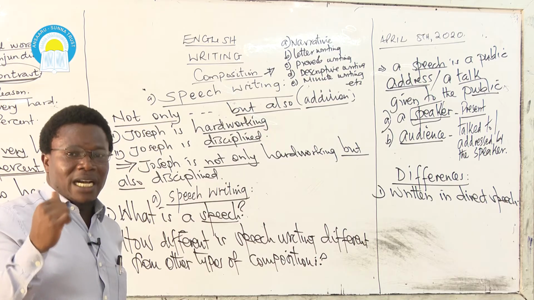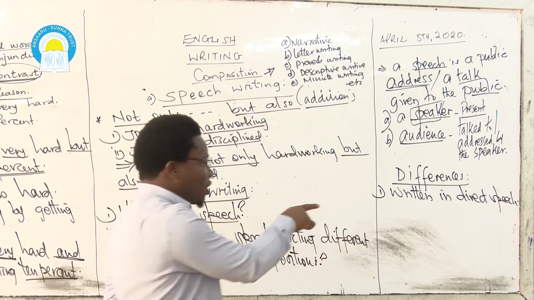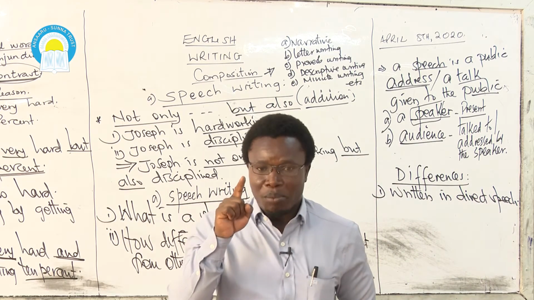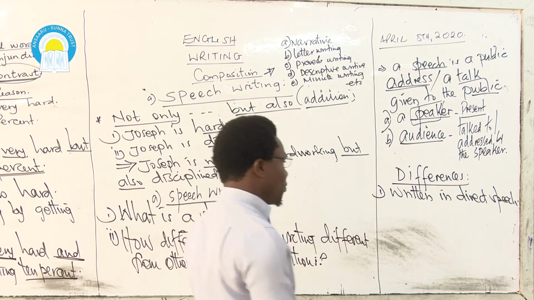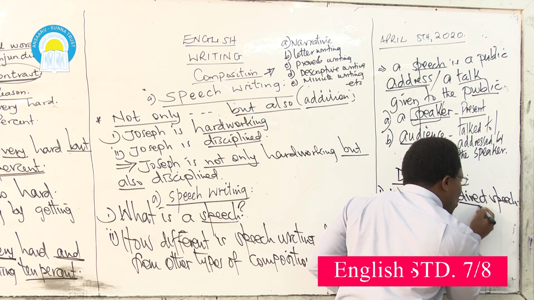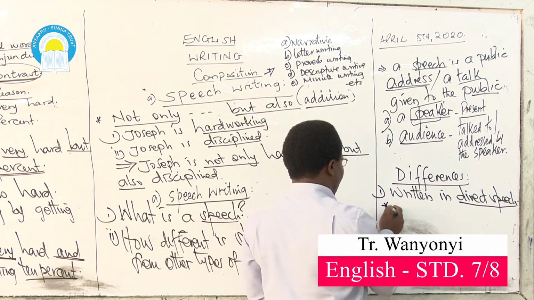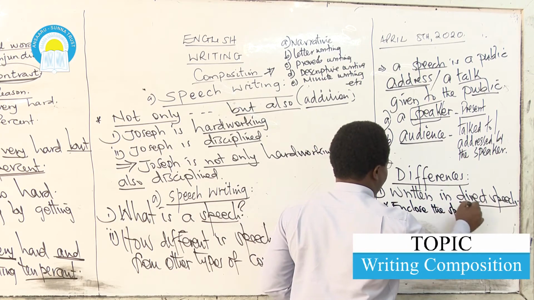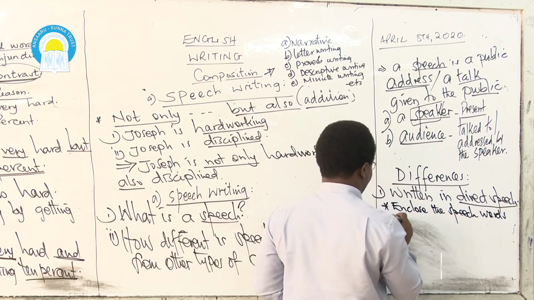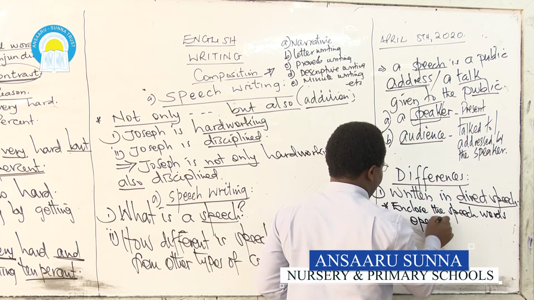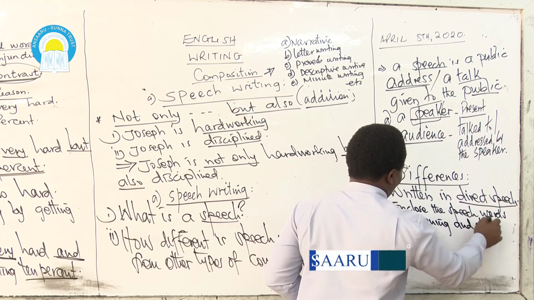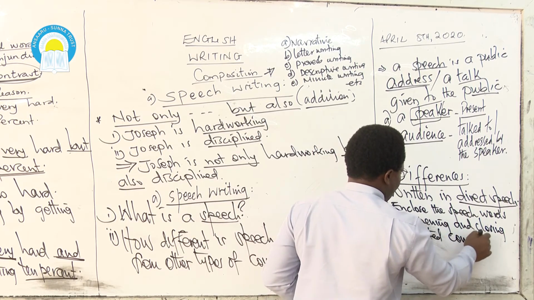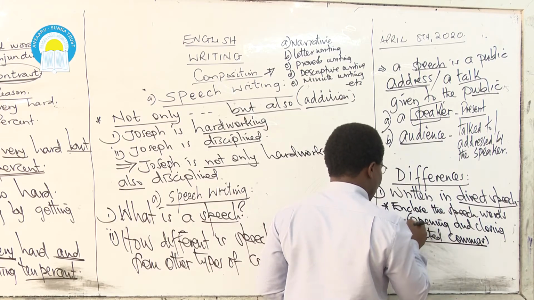If you can have a review yourself of what we discussed on direct and indirect speech, you can buy it with me that a sentence is said to be in direct speech if we enclose the speech words using the opening and closing inverted commas. That's what we said in the previous lesson.